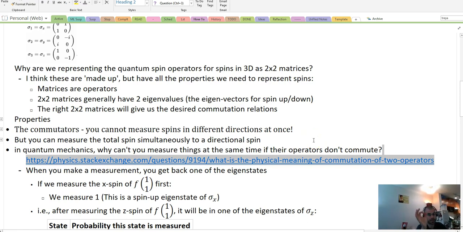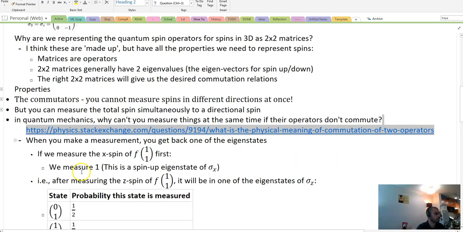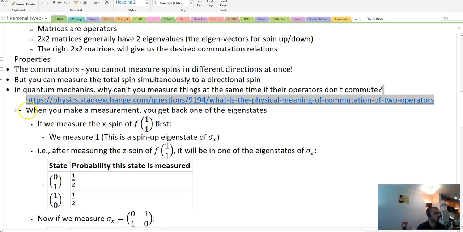I still don't understand this 100% in the depth I would like, but hopefully this helps you understand how this works and how measurement works in quantum mechanics a bit better, which will be useful for quantum computing. So when you make a measurement, you get back one of the eigenstates.